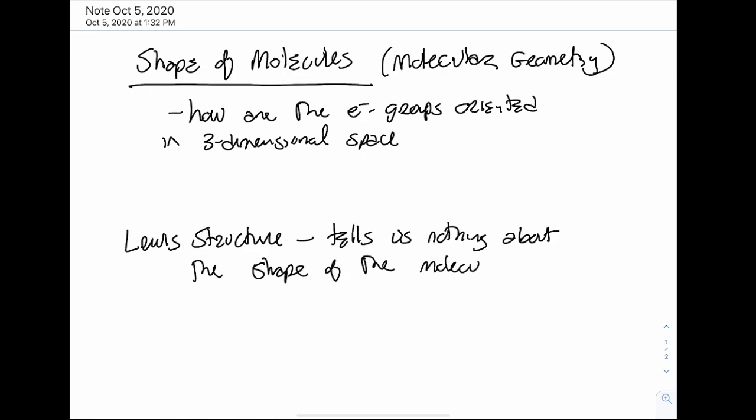Remember, the Lewis structure just tells us how the valence electrons are distributed in that molecule. Essentially, it tells us which atoms are connected to which atoms, how the atoms are connected.